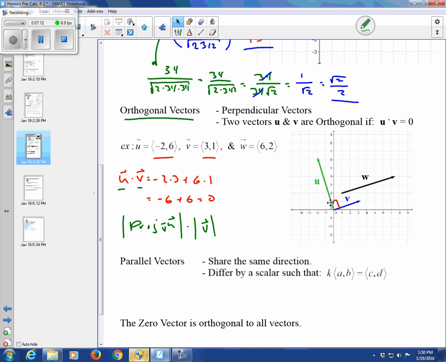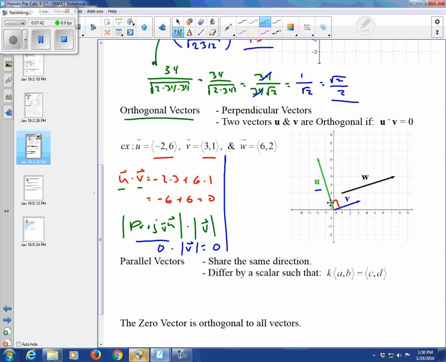So if we look at this, we know the projection of u onto v is the component of u, or the amount of u that is going in the v direction. And if we're perpendicular, we can say that actually none of u is going in the v direction. So really what we have is 0 times the magnitude of v, or 0. And that's one rationale for why we get 0 with the dot product for perpendicular vectors.